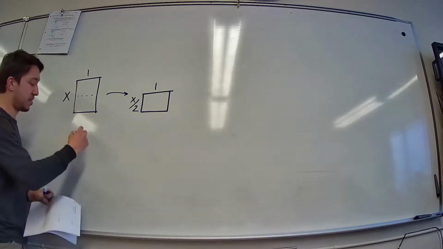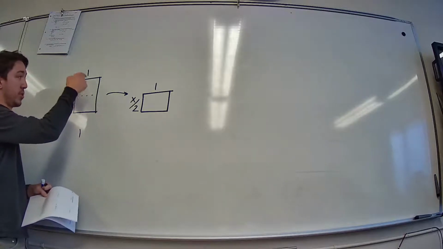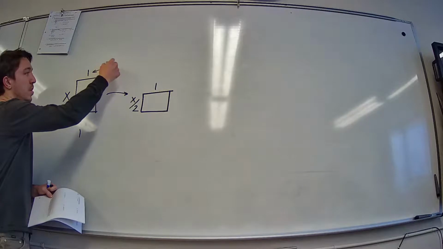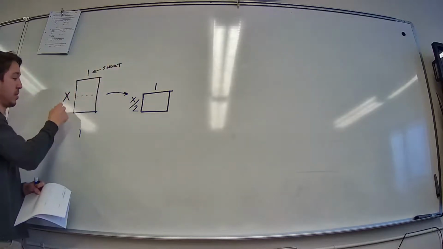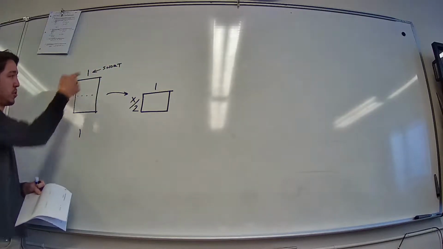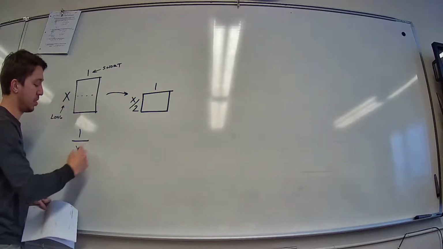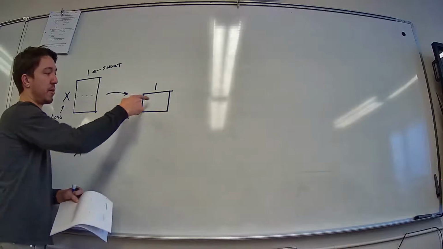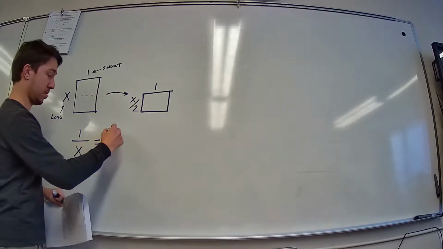So 1 over x. We're going to compare the short to the long ratio. Short divided by long on this rectangle should be equal to, how do I write the short divided by long on this one?